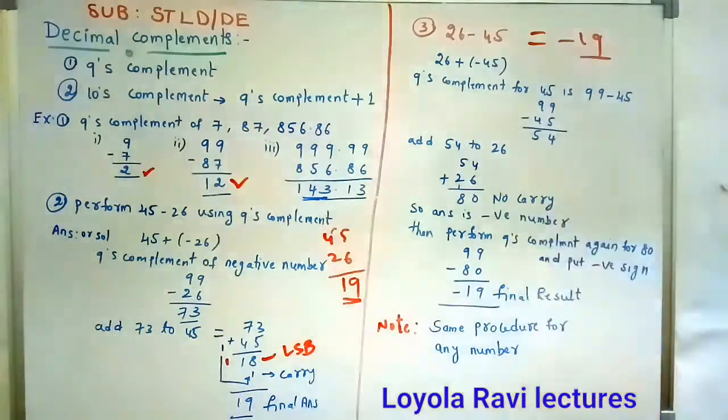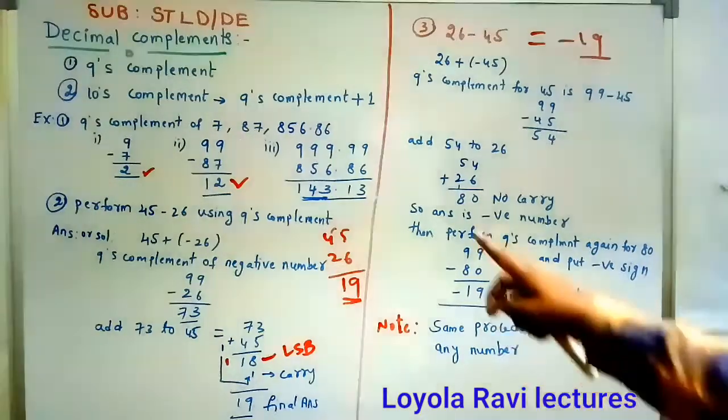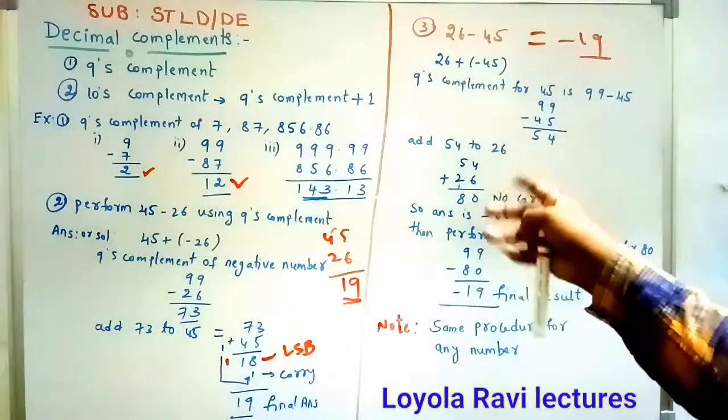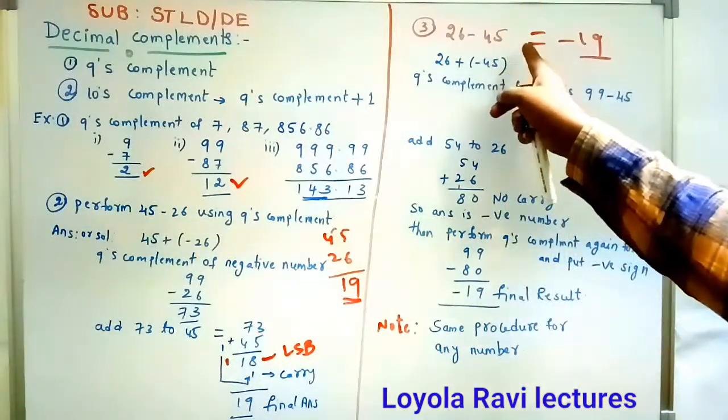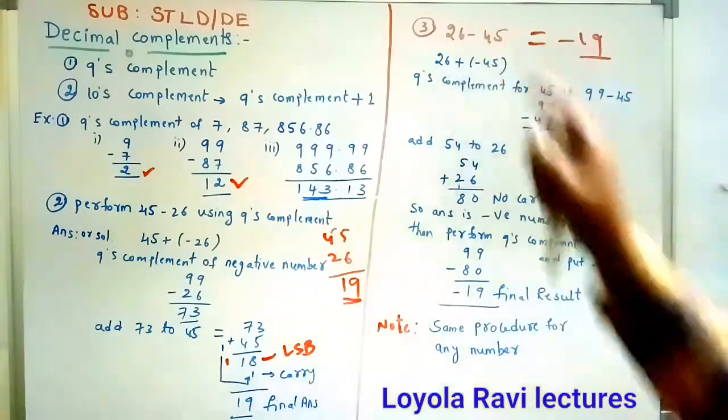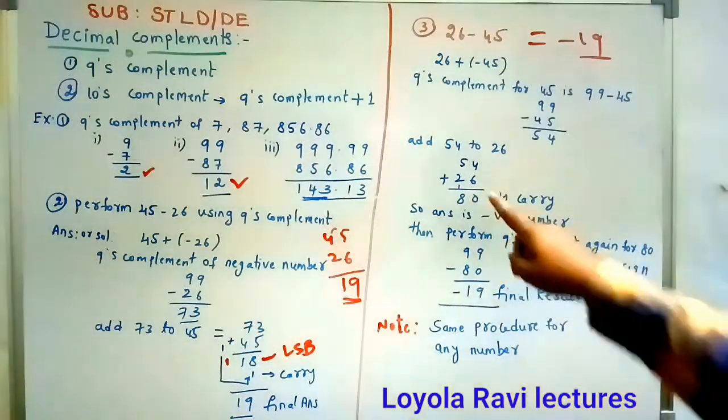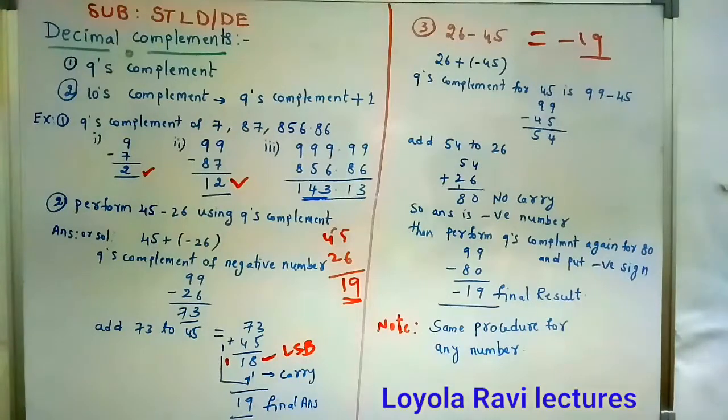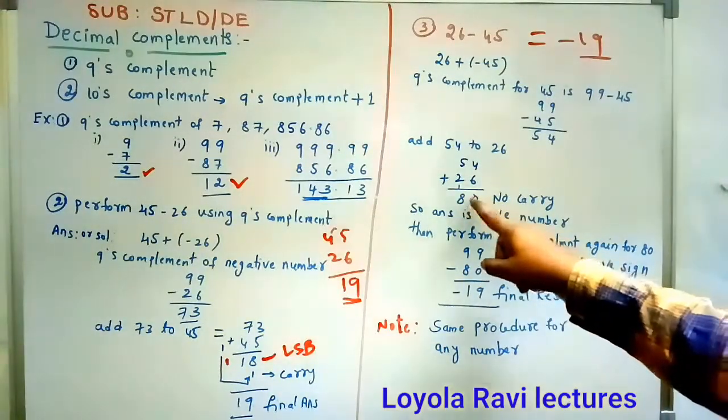This is not our final answer. Whenever you are subtracting a larger number from a smaller number, if you don't have any carry, then we have to perform the 9's complement again. Not only 9's complement, whatever complement we are doing, that complement you have to find again. Here 80, there is no carry.